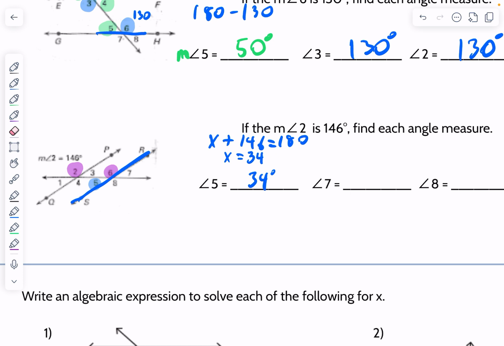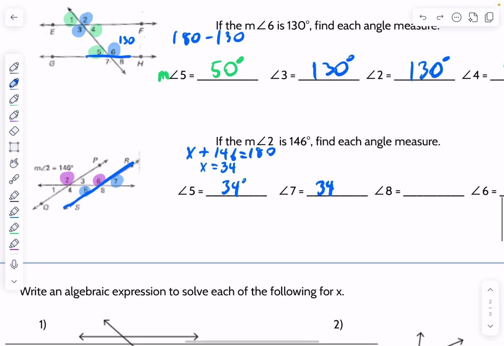Next, let's look at angle 7. Angle 7 is vertical to 5, so we can just copy that down. It's the same number, 34 degrees. Angle 8 is vertical to 6, or it's an alternate exterior with angle 2, so that would be 146 degrees.